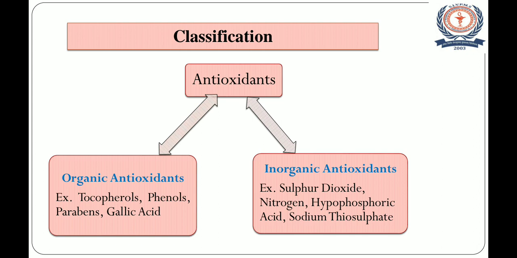Now BHA, butylated hydroxyanisole, BHT, butylated hydroxytoluene. These are some of the examples of organic antioxidants. Inorganic antioxidants, for example, sulfur dioxide, nitrogen, hypophosphoric acid and sodium thiosulphate. In the current syllabus, we will just discuss the inorganic type of antioxidants.